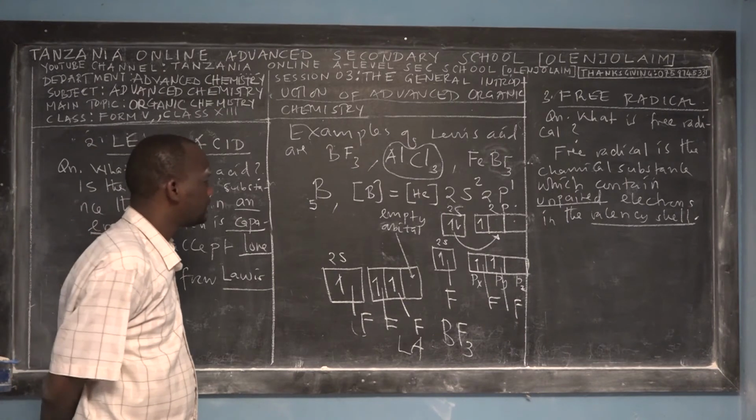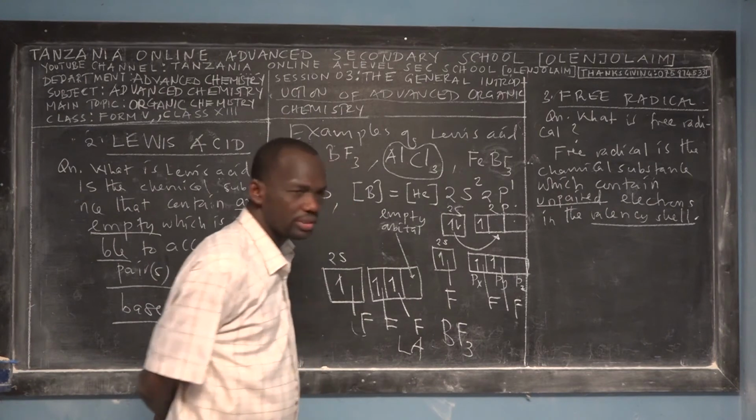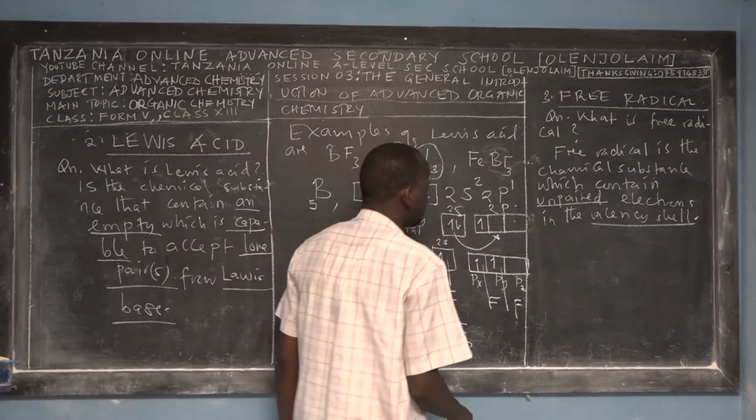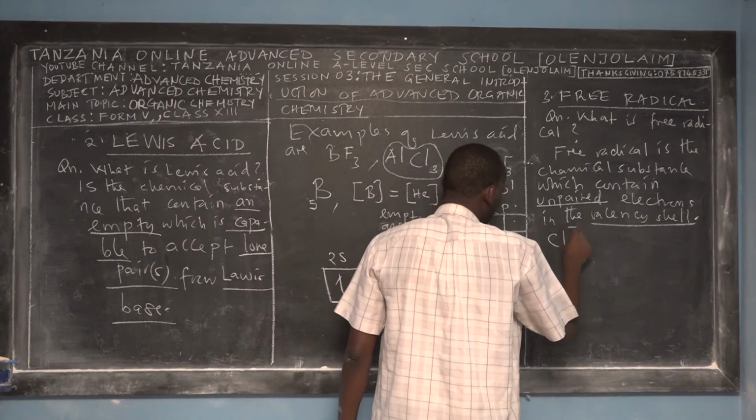Let us show how we find that in a compound. For instance, take the electronic configuration of chlorine.